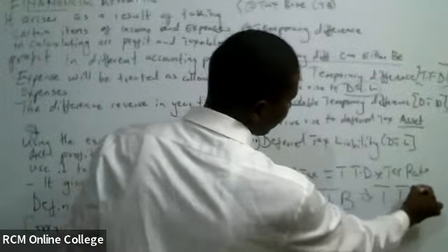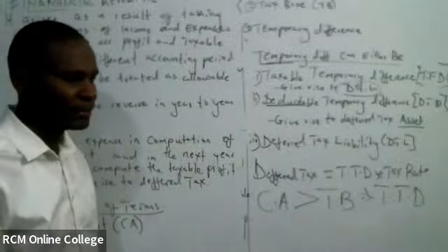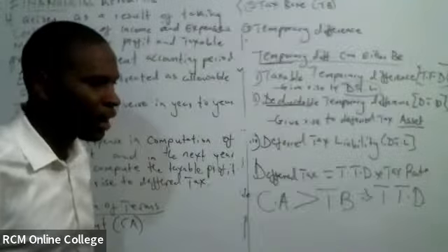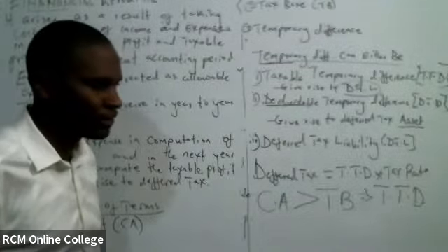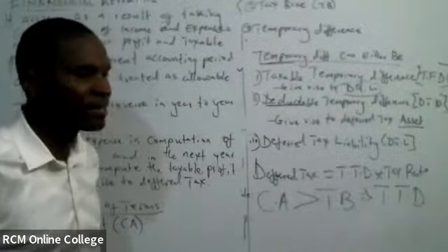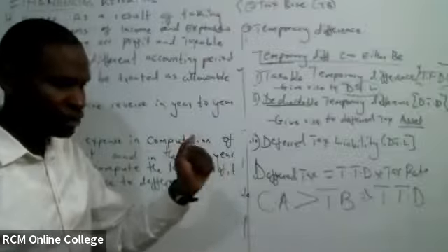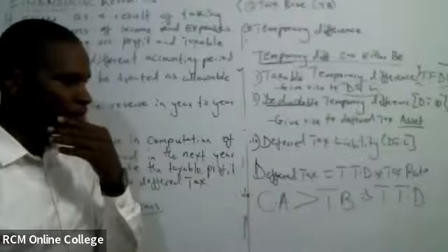So always look: if what you've been given is carrying amount or net book value greater than the tax base, automatically that amount that you have there is your taxable temporary difference.